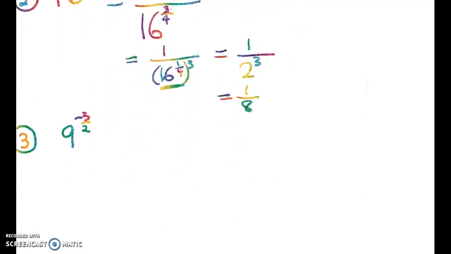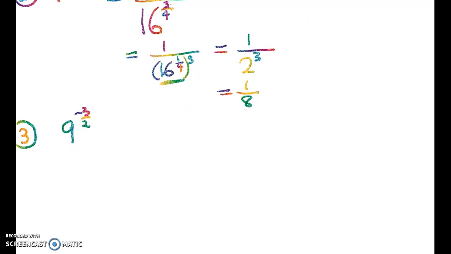Now the next one that I do, I'm going to start to find a simpler way. I'll still write out that first step, so it's going to be 1 over 9 to the power of 3 over 2. So we can look at this and think, this is telling me I want the square root of this number, which is 3, and then I want to cube it.